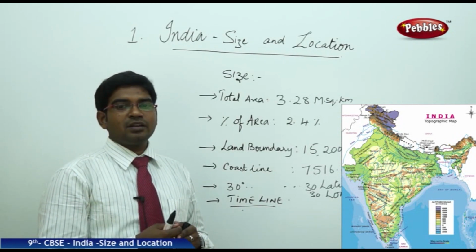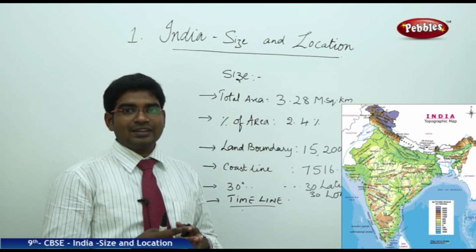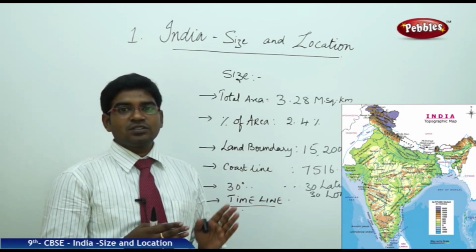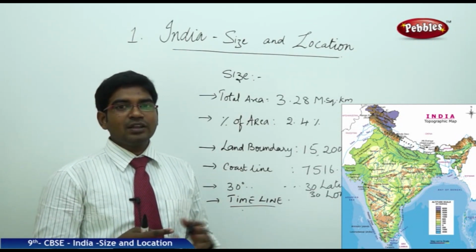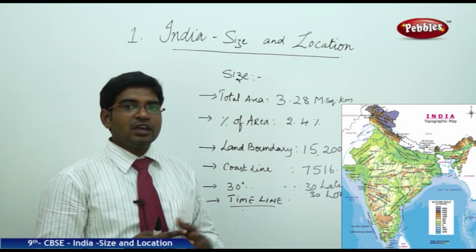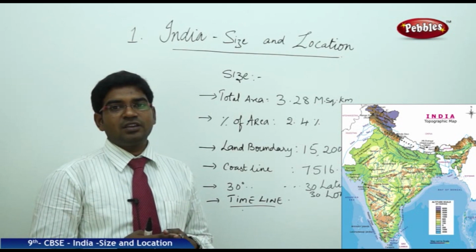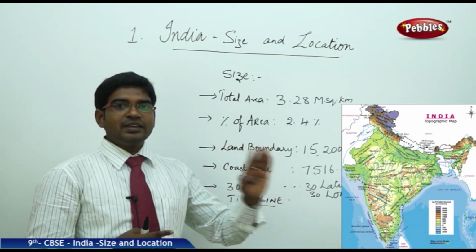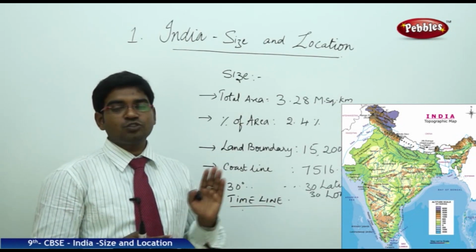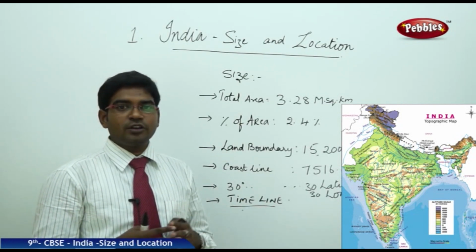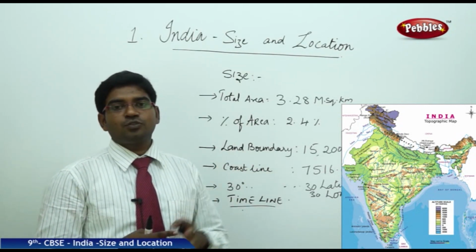Now, from there to come towards India, we generally consider only the longitudinal extent for our times. So the longitudinal extent, if 68 degrees is considered, starts near Gujarat, and when it comes to 97 degrees near Arunachal Pradesh, there are nearly 30 longitudes present there. So 30 longitudes are passing through India. Each longitude takes 4 minutes to pass.